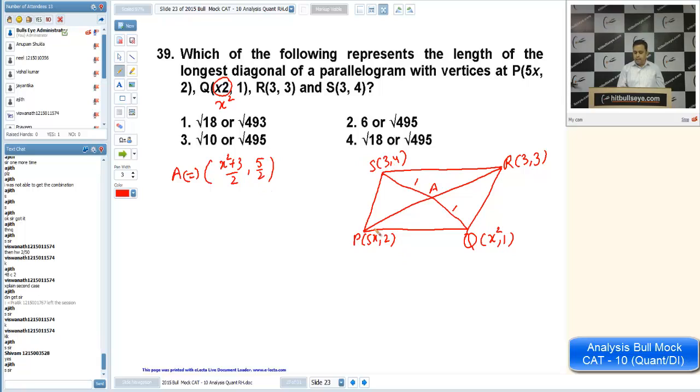Also, if I take PR as the diagonal, then again this point of intersection A will bisect PR. So the coordinates in this case will be (5x plus 3)/2 and 5/2. Are you getting it or not? I am just using the section formula, 1 into x square plus 1 into 3, by 2.